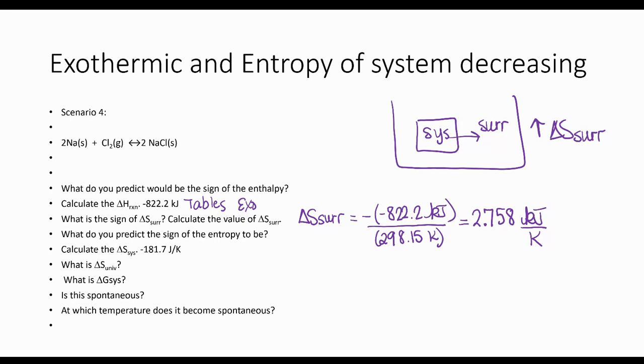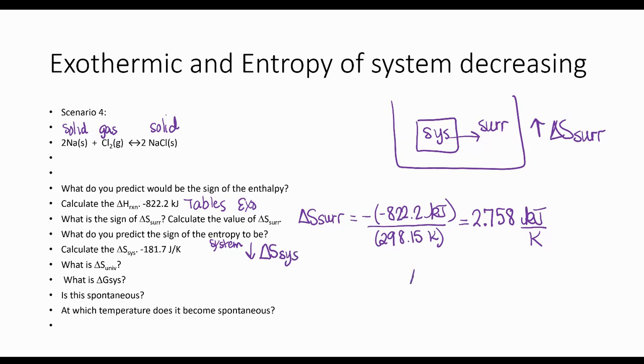Okay, what would we predict the sign of the entropy to be of our system? Let's go look at the reaction. We have a solid plus a gas going to a solid. So that gas going to a solid, we're going to see a decrease in the entropy of the system.